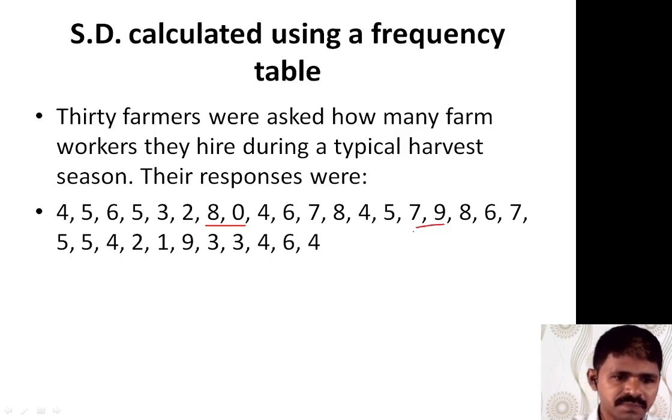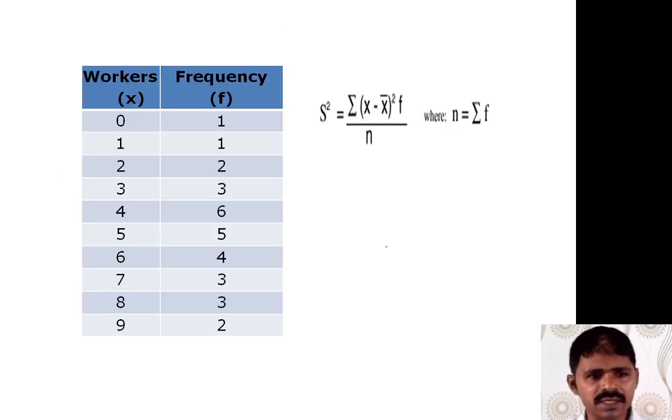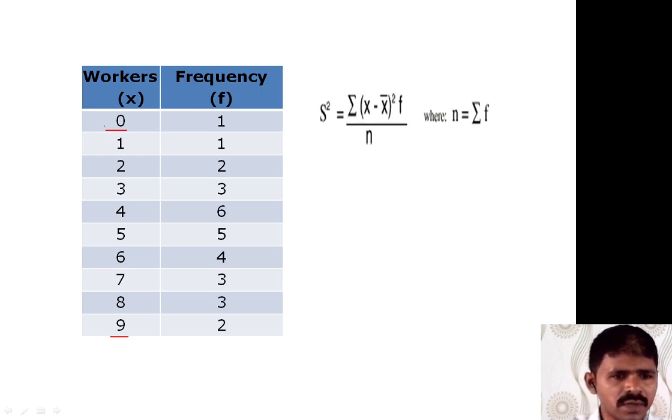We have arranged all their answers. If you see the frequency, no one hired means one farmer replied, and only one worker hired was replied by one farmer. Similarly, 9 workers hired by 2 farmers.